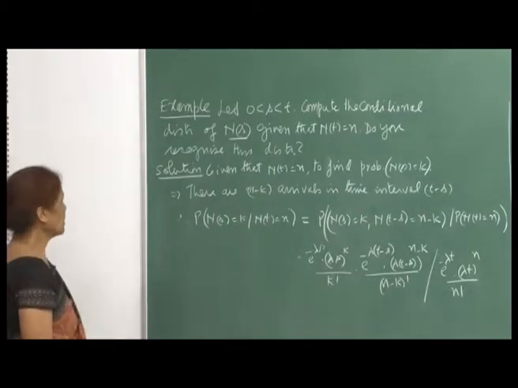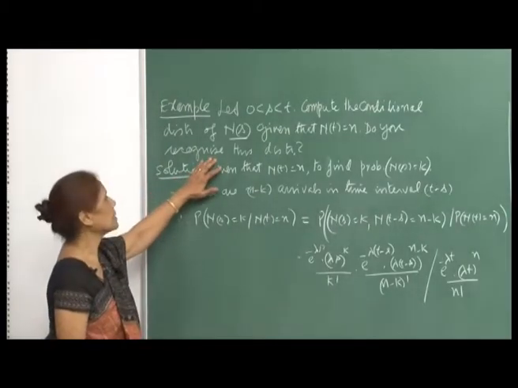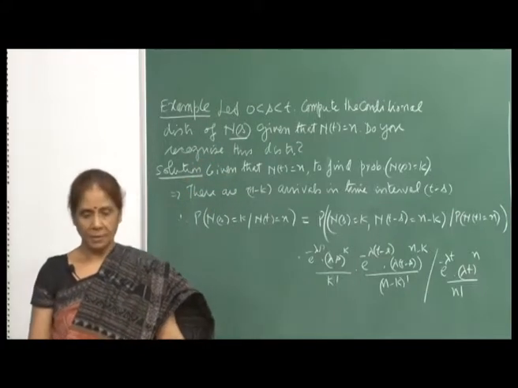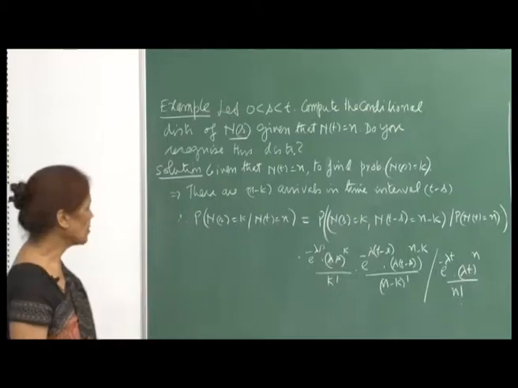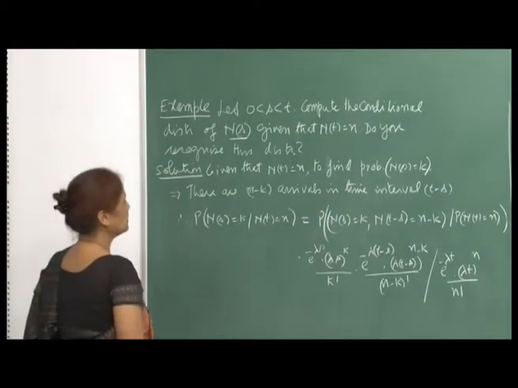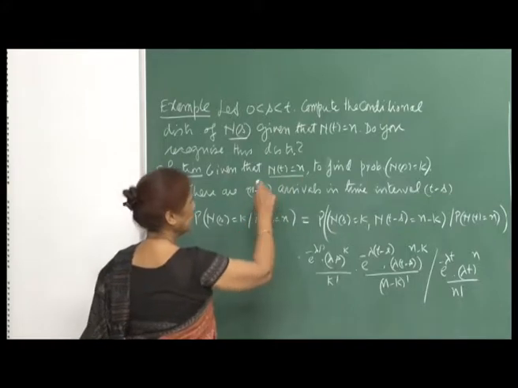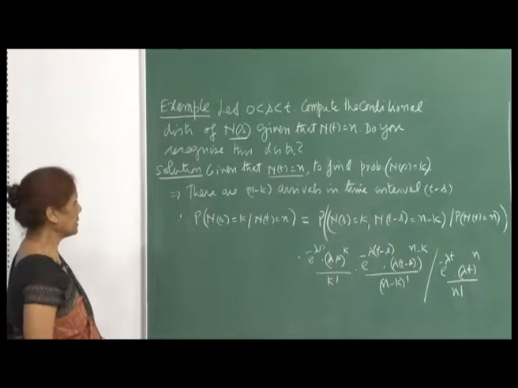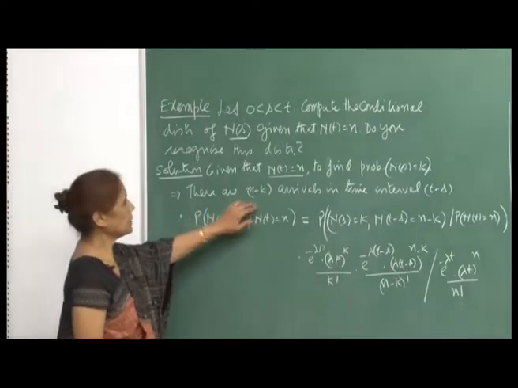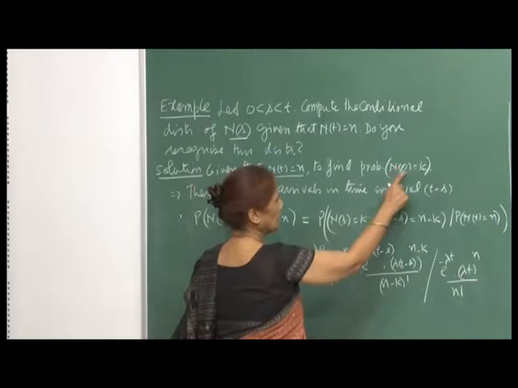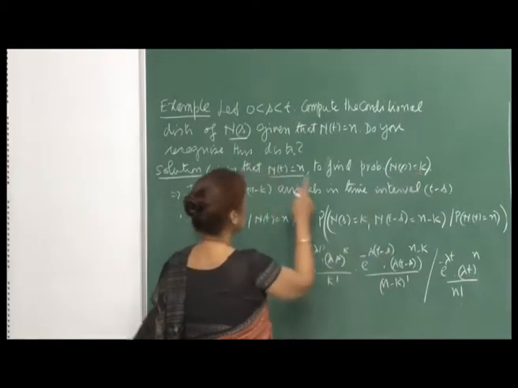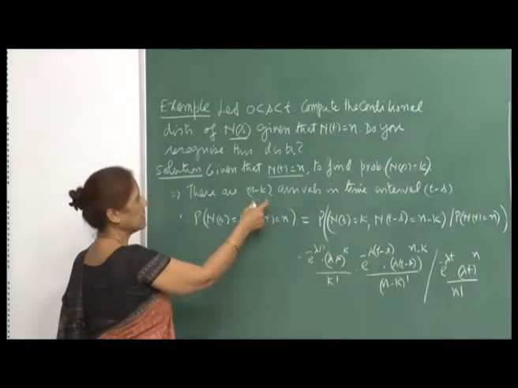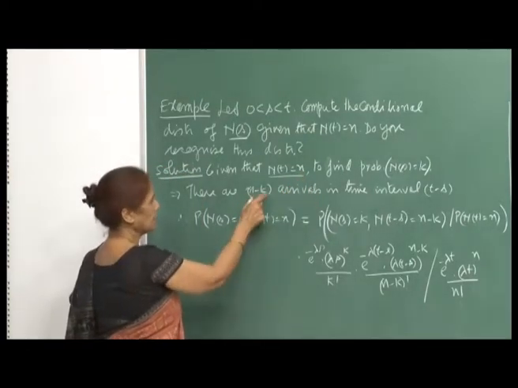And then of course, it is being asked, do you recognize this distribution? Once you obtain the conditional distribution, the question asked is, do you recognize this distribution? Okay. So, you are given that N(t) is n, you have to find the probability that N(s) is equal to k, given that N(t) is n. So, that means if up to time s the arrivals are k, and up to time t the arrivals are n, obviously, the number of arrivals in time t minus s is n minus k.